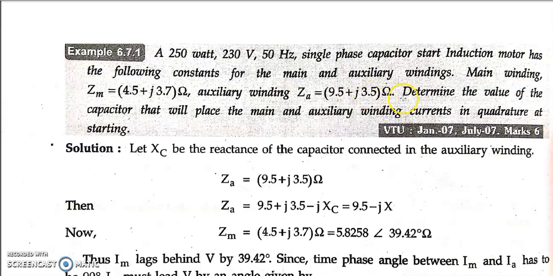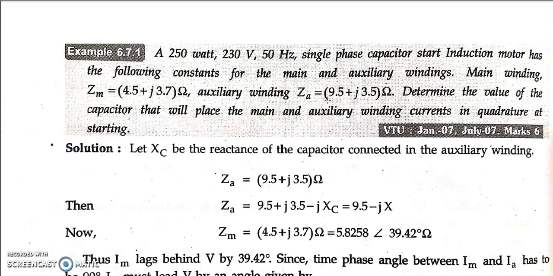Determine the value of the capacitor that will place the main and auxiliary winding currents in quadrature, that is 90° at starting. So I need to insert a capacitor in series with the auxiliary winding such that the current in the main winding and the current in the auxiliary winding have a displacement of 90°.